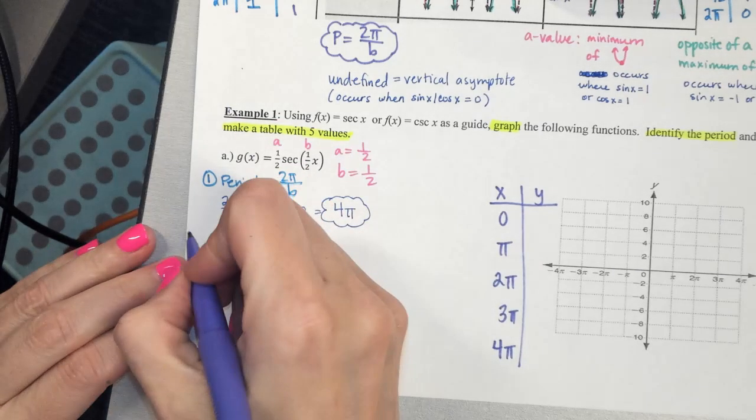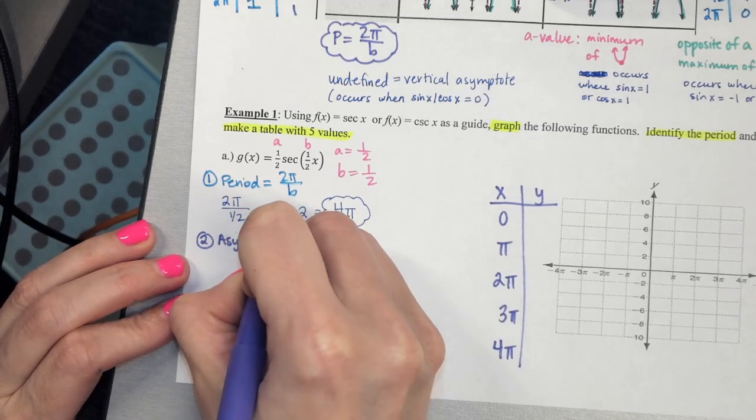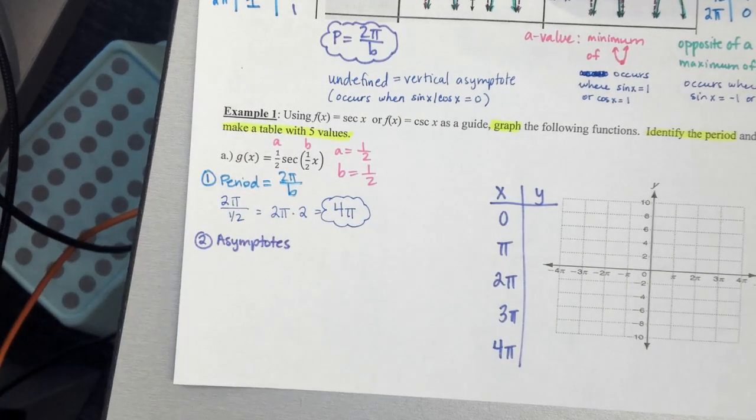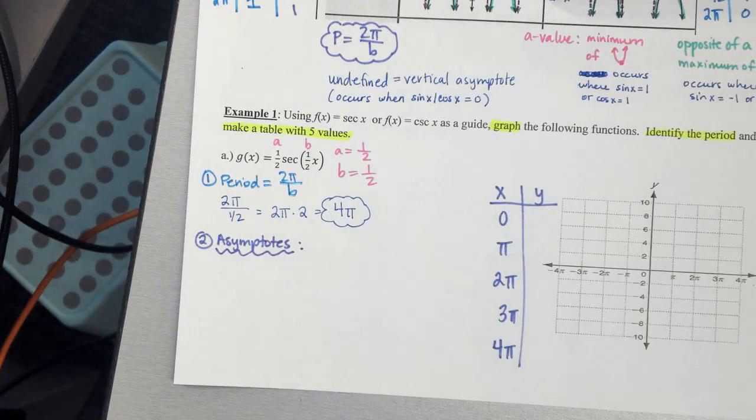All right, so we want to know where the asymptotes occur.